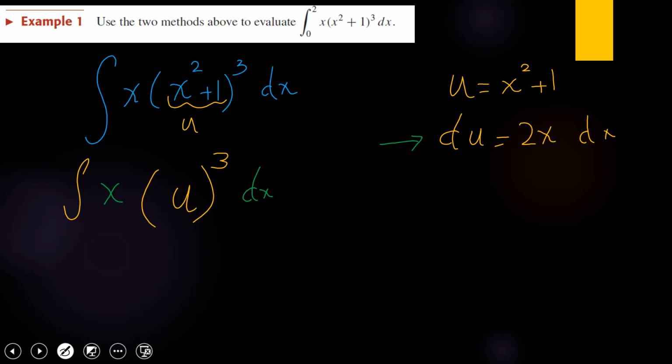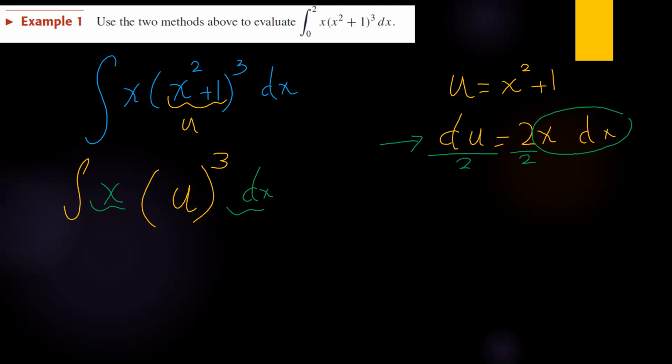Now, 2x dx is du. Here I have x dx. I need only x dx, so let's divide by 2. So half du is x dx.